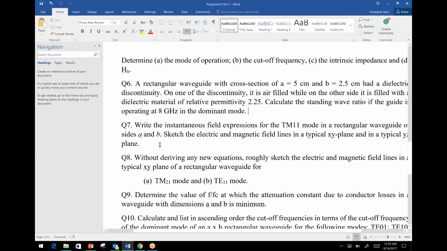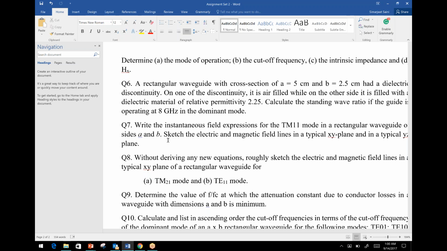Question 7 is not a conceptual question, but we had plotted the instantaneous field expressions for the TE10 mode. So I want you to do the same mathematical calculations and then try to plot the TM11 mode. And question 8 is, I don't want you to derive any new equations. I don't want you to go and sit and look at the instantaneous fields.